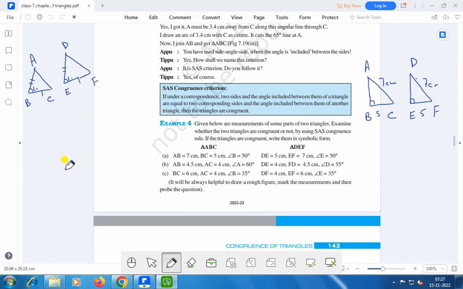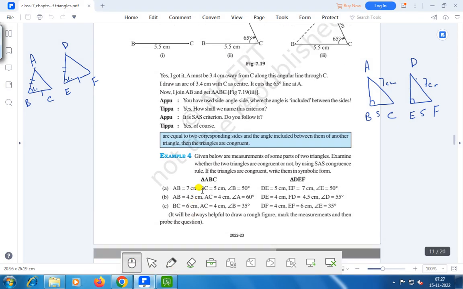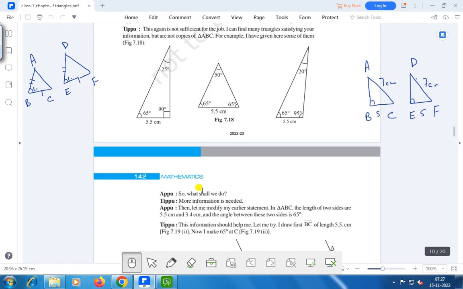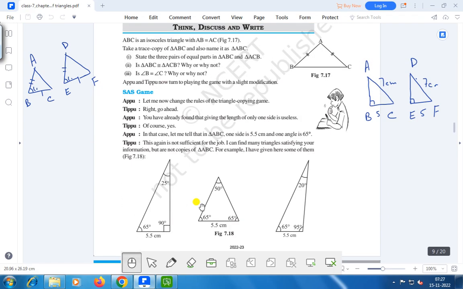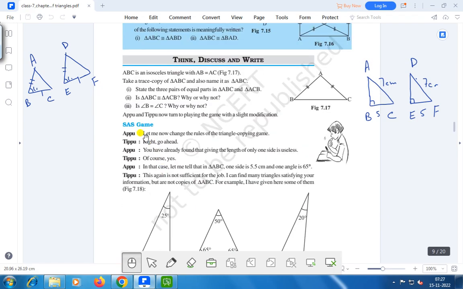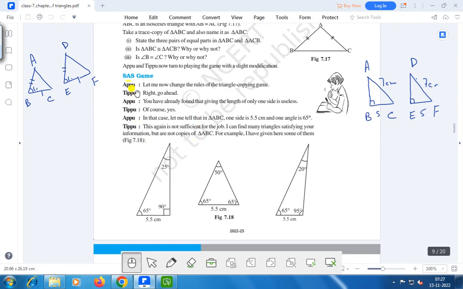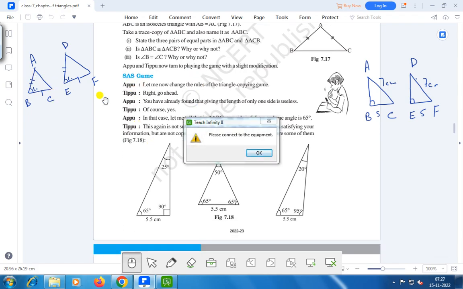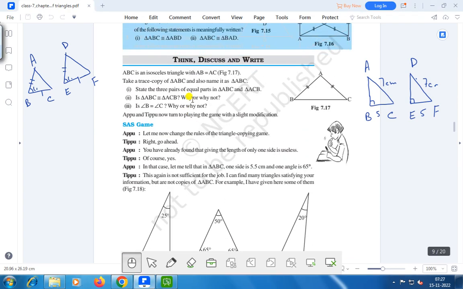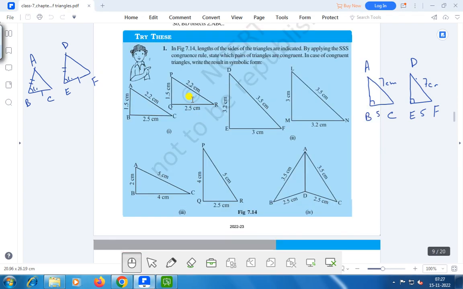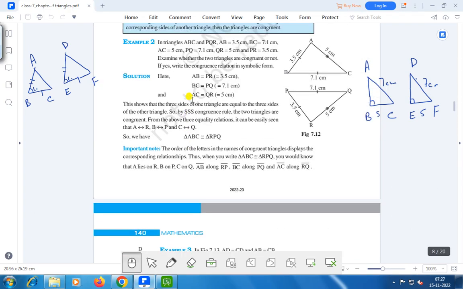Next one we will define: the SSS rule. Now you see the side rule. The first rule is SSS. We will explain side angle side, and the first one is the side congruence rule. What is that?